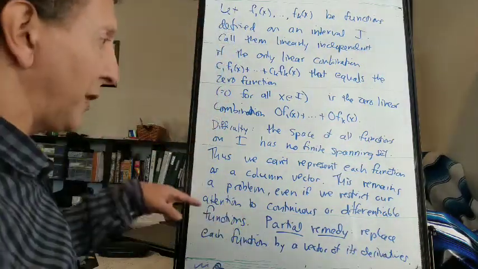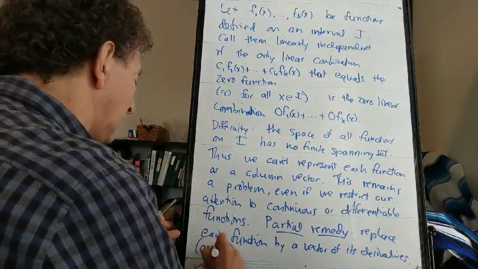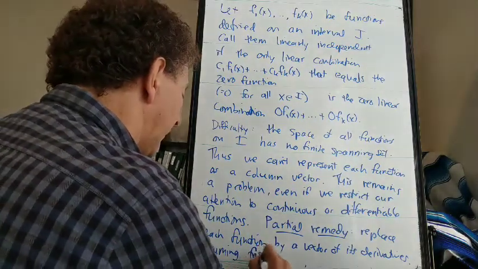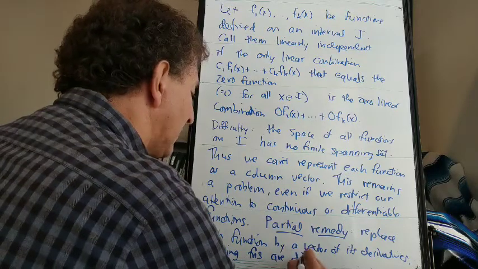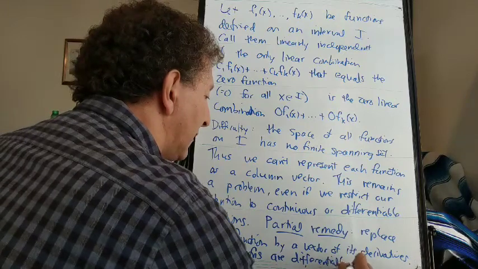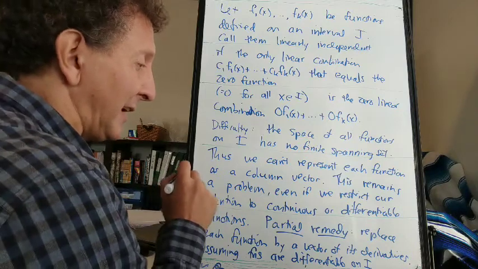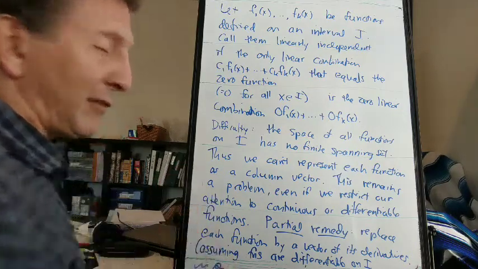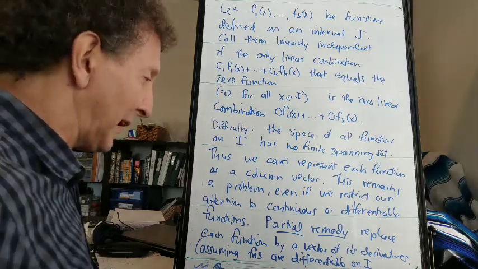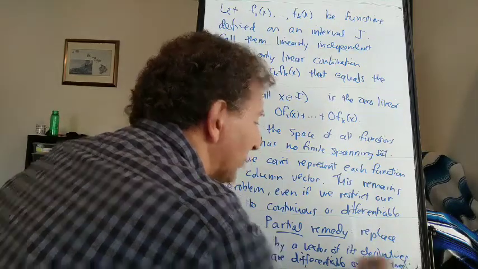Now this is only going to work if we have differentiable functions. So assuming the functions are differentiable on I. And actually we're going to use the first k minus 1 derivatives. So not only do they have to be differentiable the first time, but they have to be differentiable a second time and a third time all the way up to k minus 1. So k minus 1 times differentiable.